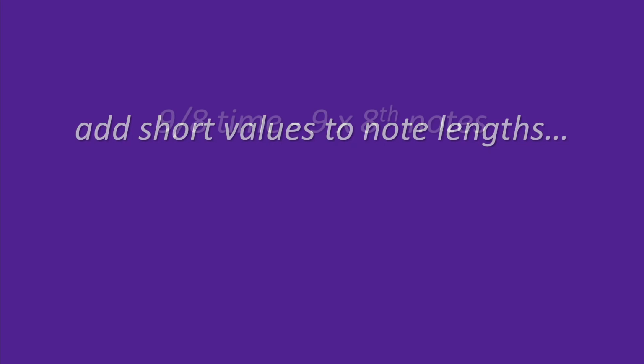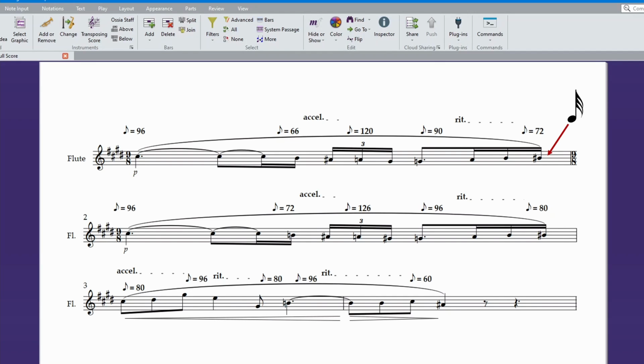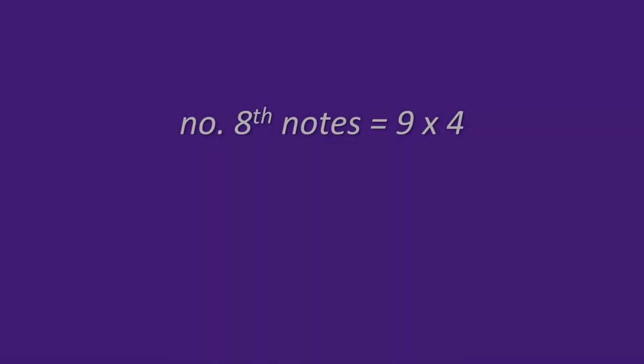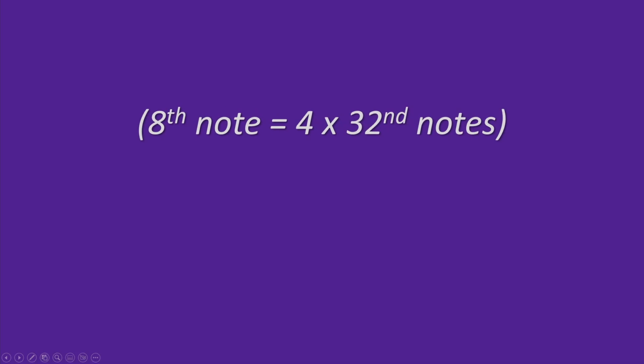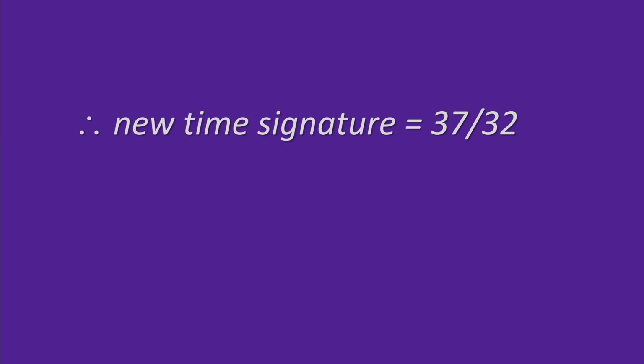Now, this extract is in 9/8 time, and I want to add just a 30-second note to the last note of each of the first two bars. So the first thing we need to do is calculate the number of 30-second notes in the 9/8 bar. This will be 9 times 4, since there are 4 30-second notes in an eighth note. Of course, the total for the whole bar is 36. Now, since we're going to add a 30-second note to the end of the bar, we need a 37/32 time signature.